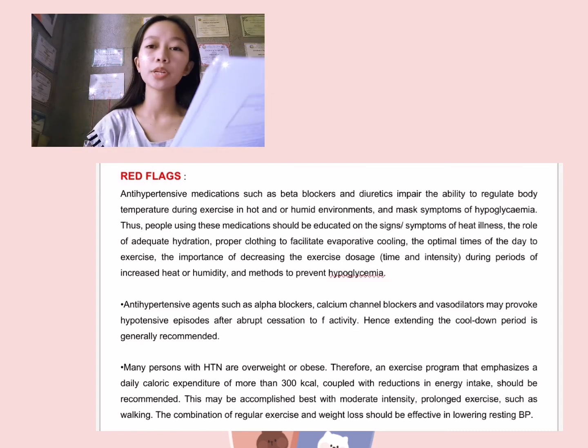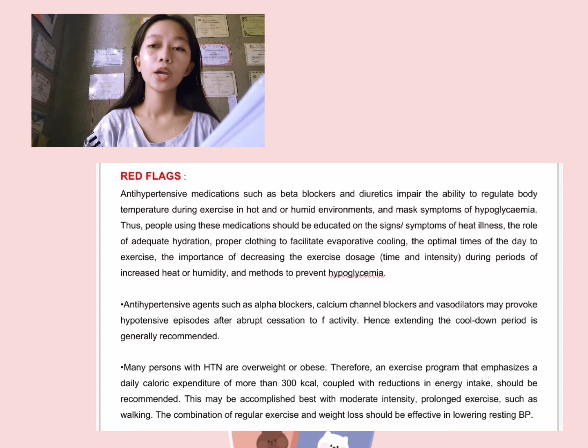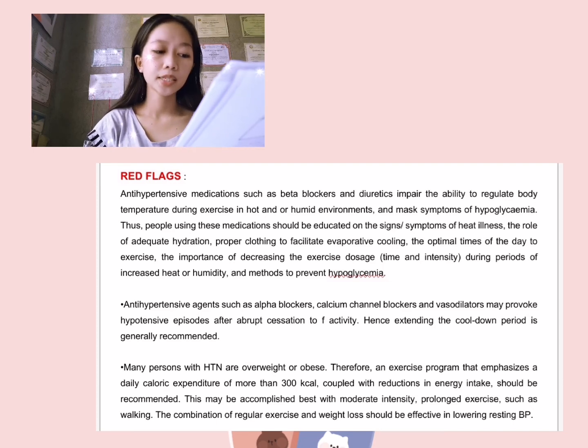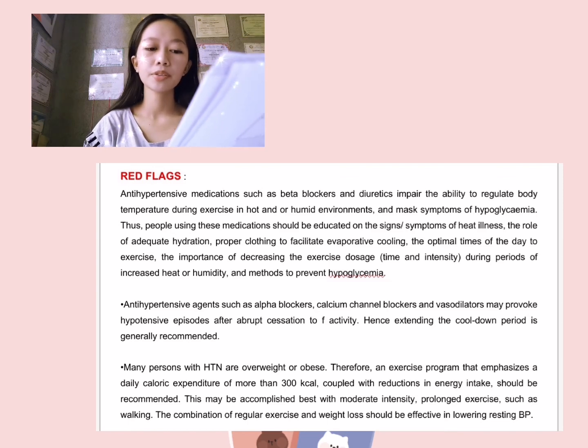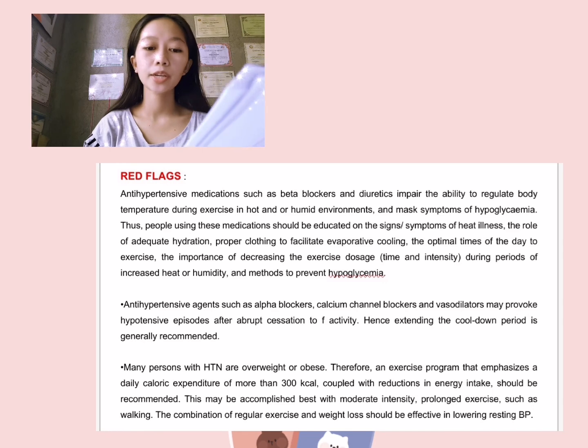Special considerations: first, antihypertensive medications such as beta blockers and diuretics impair the ability to regulate body temperature during exercise in hot and or humid environments, and mask symptoms of hypoglycemia. Thus, people using these medications should be educated on the signs or symptoms of heat illness and the role of adequate hydration.